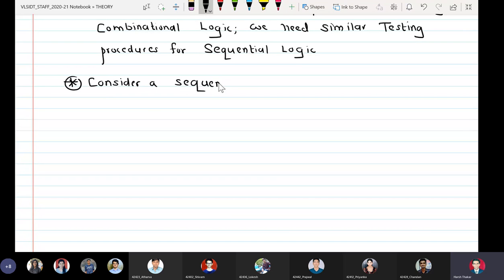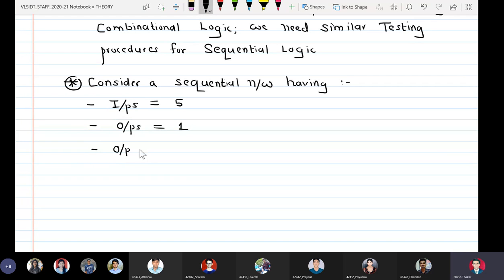Consider a sequential network having number of inputs equal to 5, number of outputs equal to 1, and number of output states equal to 4.